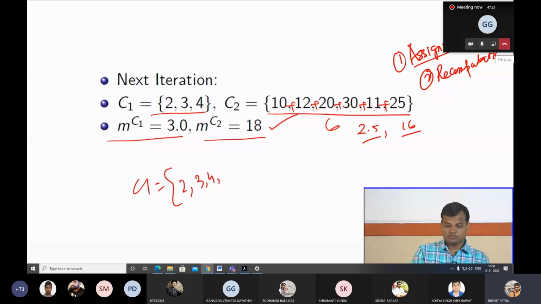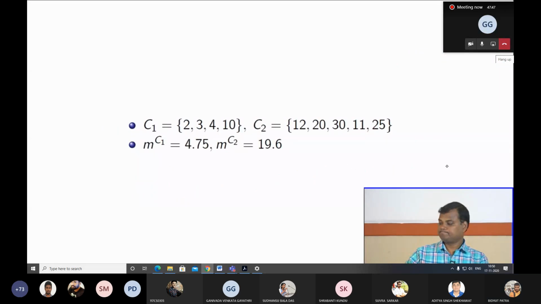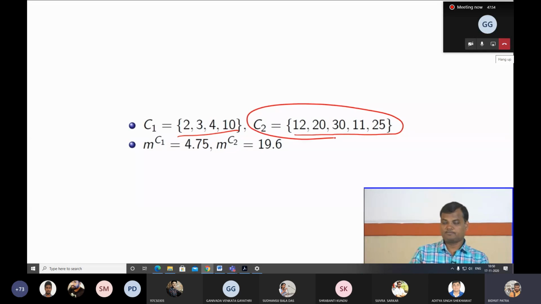Now 10 to 3 is 7 and 10 to 18 is 8, so obviously 10 will come here. Similarly 11 to 18 is 7 and 11 to 3 is 8. So C2 will be 12, 20, 30, 11, 25.